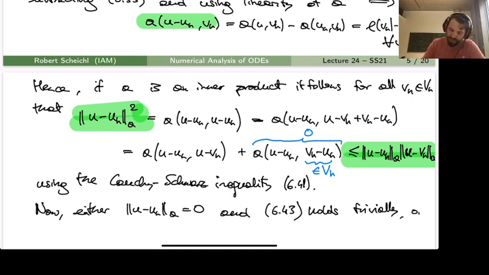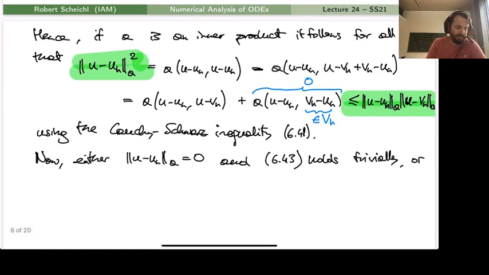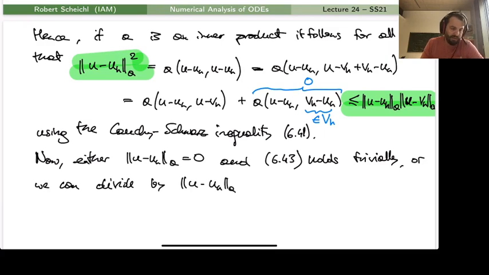Or if u minus u_h in the A norm is not 0, we can divide by u minus u_h in the A norm to again obtain the result.